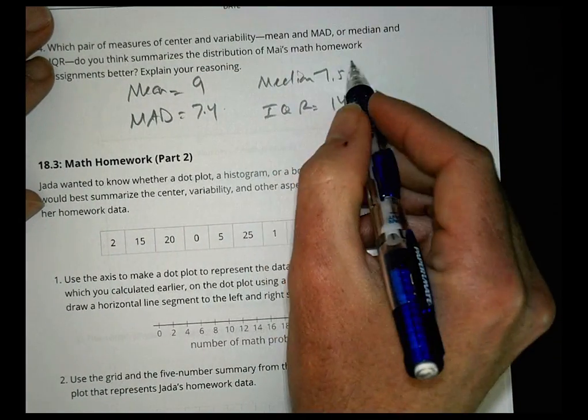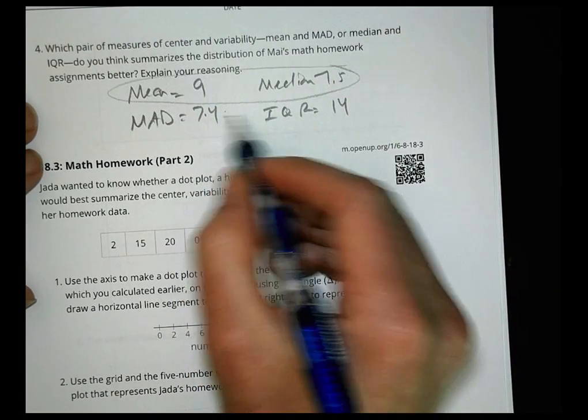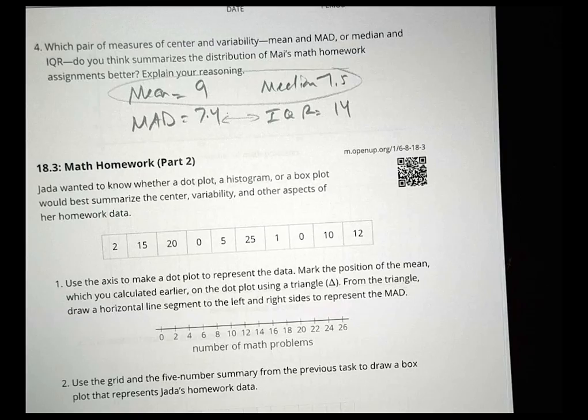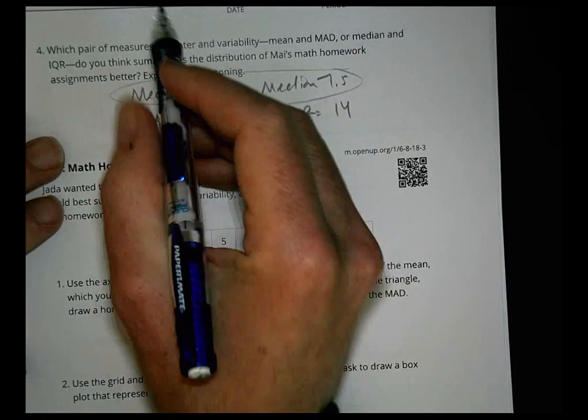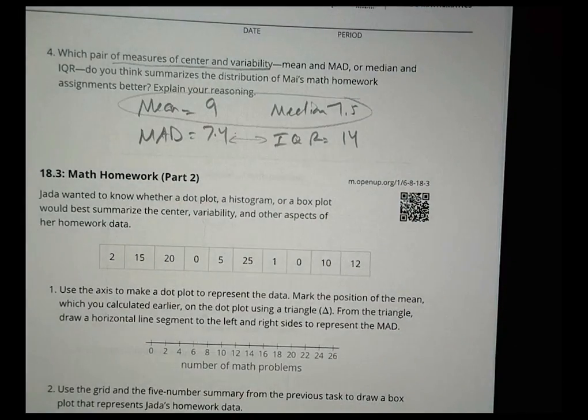So what do we see? They both show fairly similar centers. They're not too different there, and they both show a lot of variability. Interquartile range maybe shows a little more. But they both show that there's going to be a lot of variety here, so either one would be fine to measure the center and variability. There's not one that's better than another one in this case here. So up to you what you want to say, but that's what you come up with.